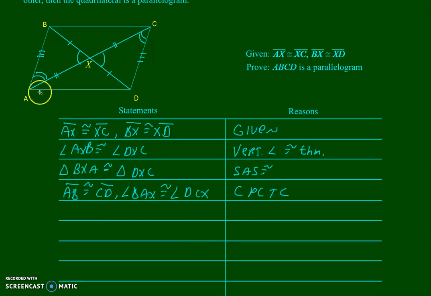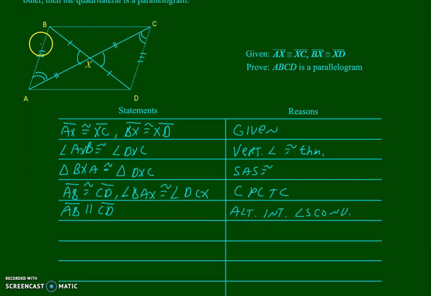And now we can say that because these two angles are congruent, these are alternate interior, we know that AB is parallel to CD, and that's the alternate interior angles converse theorem.